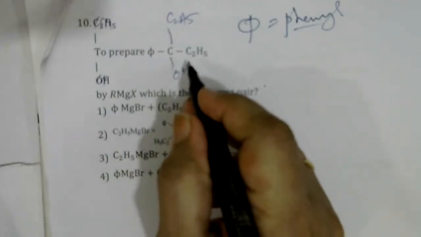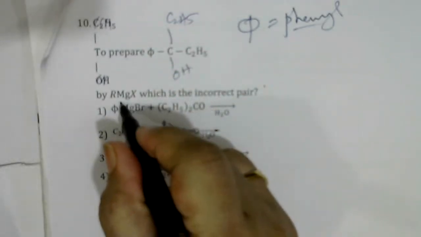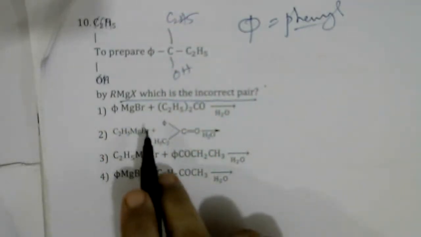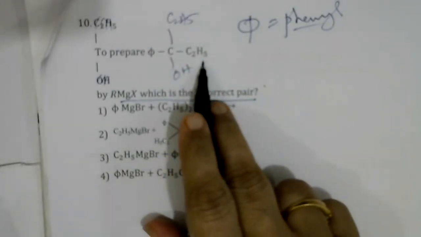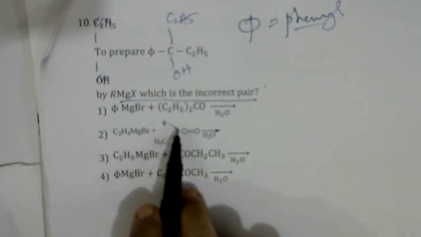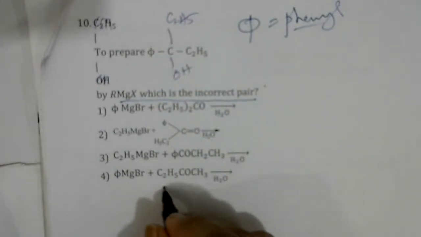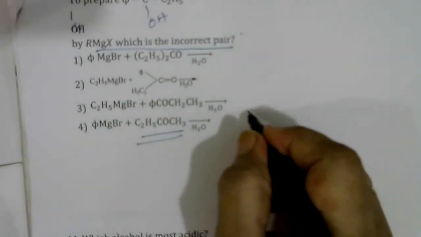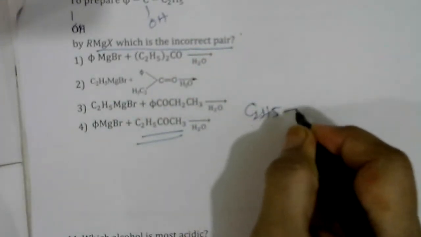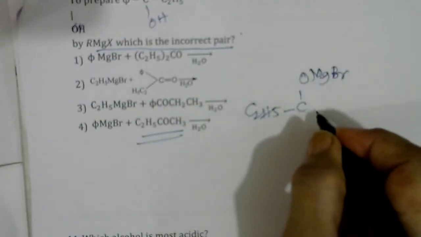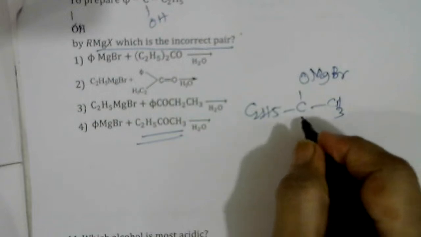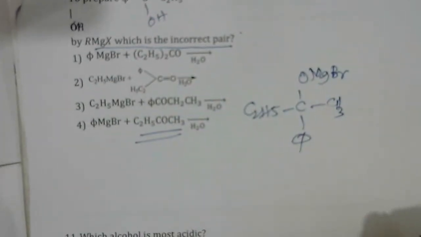When they are to prepare this one, which is the incorrect pair? RMgX with this ketone, 100% it is going to prepare the same. This also is going to prepare the same, but we will not get it with respect to this. Why, tell me? Look at here. C2H5COMgBr, this will be CH3, and this side we get the phenyl group.